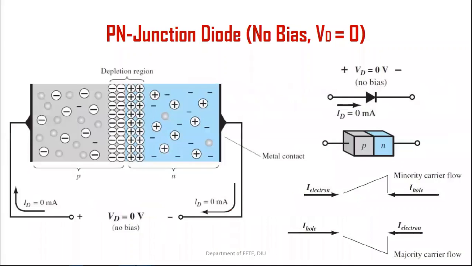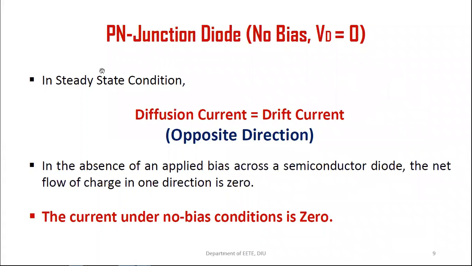But the interesting thing is that the current the majority carriers create will be in one direction, and the minority carrier current will be in the opposite direction. You see that in the steady state condition these two currents are equal and in opposite directions, so the net current will be zero.